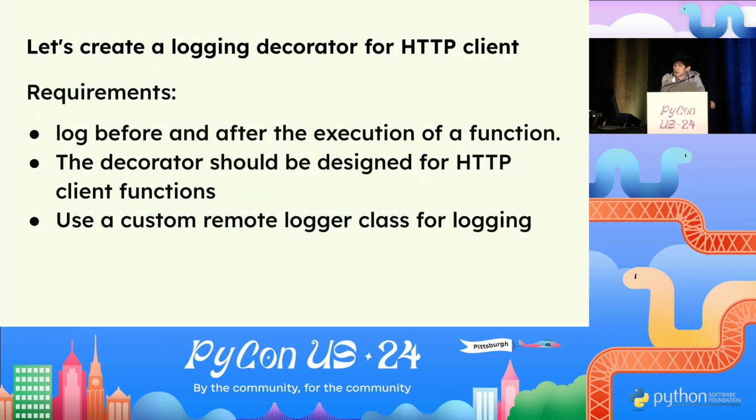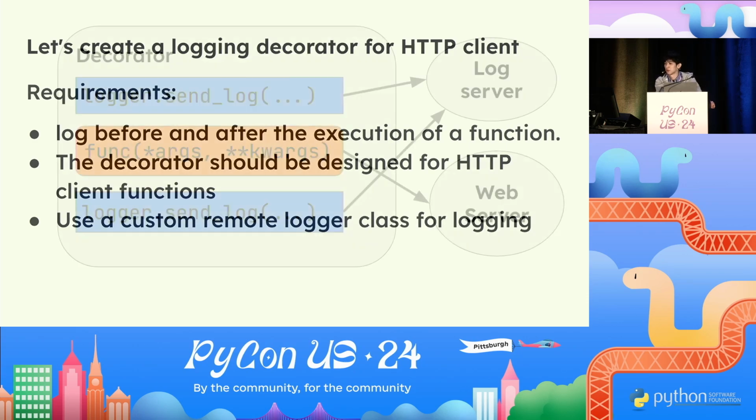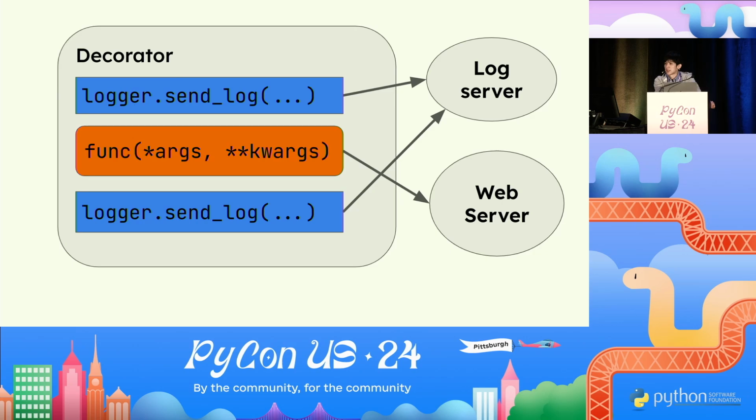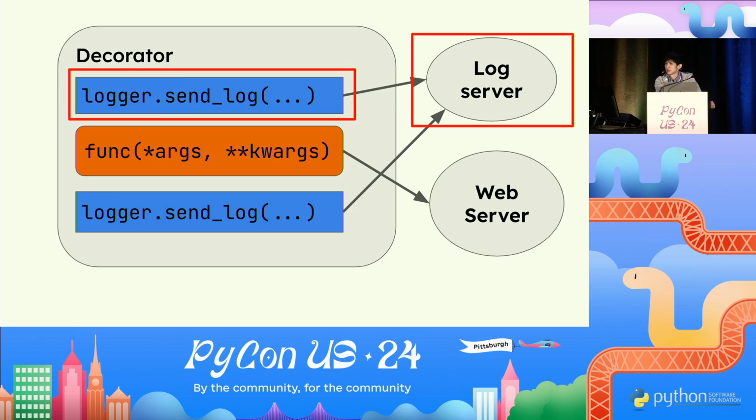So this is very simple, and today I wanted to create the logger decorator, and this is the requirement. Log something before and after running the function. The decorator should be designed for HTTP client functions, and they use a custom remote logger class for logging. I expect this behavior. First, the logger class sends a log message to the log server.